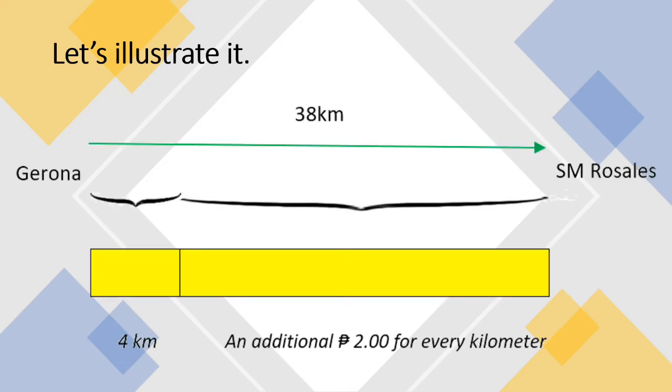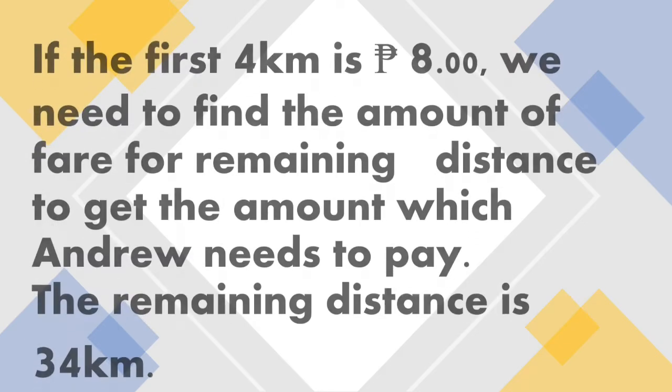Let us illustrate it. Can you see the illustration? The distance from Gerona to SM Rosales is 38 kilometers. The first 4 kilometers cost Andrew 8 pesos and the rest is an additional 2 pesos for every kilometer.